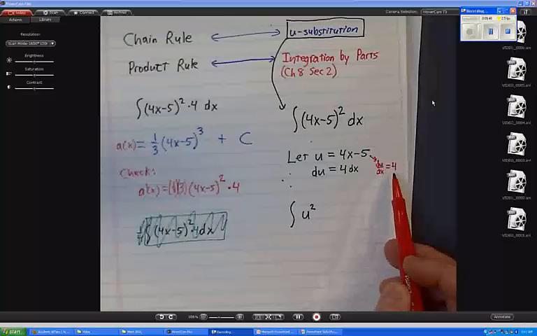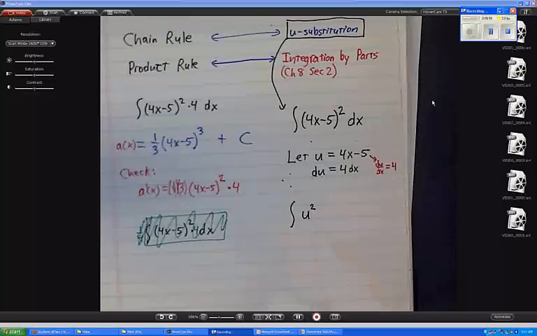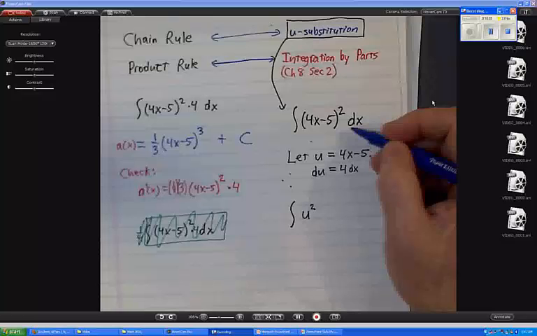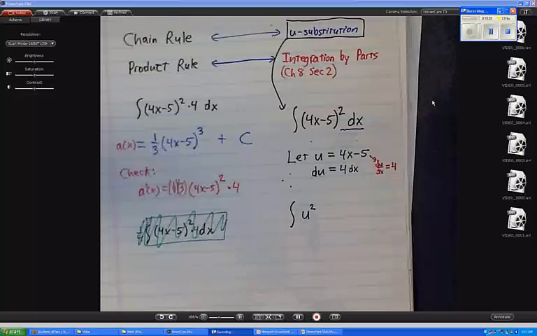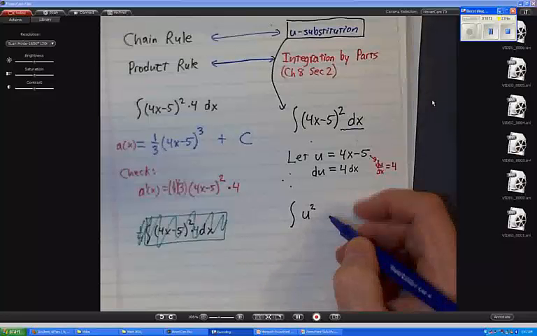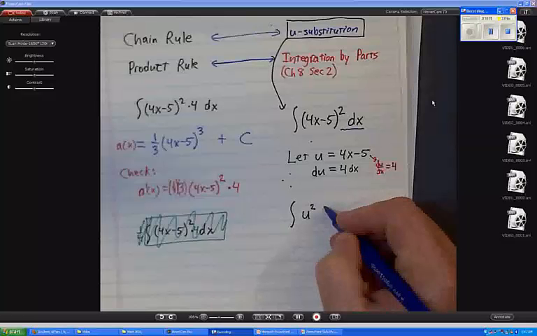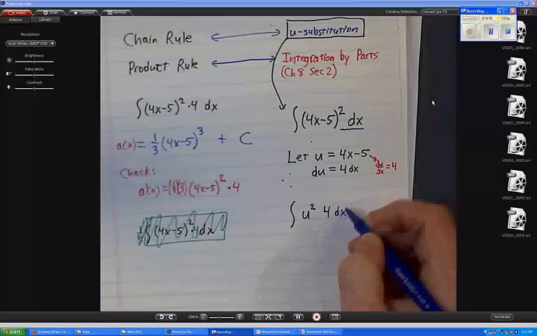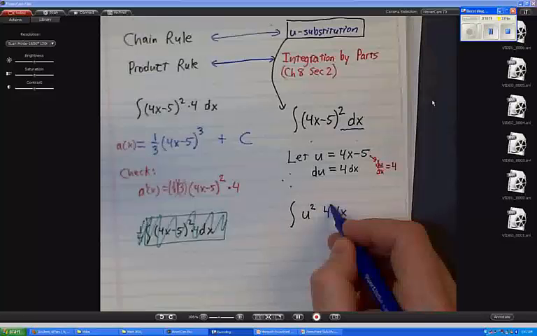Now, what does that mean? Well, it means I don't have du yet, do I? I'm missing the 4 that I need. So I guess what I do is I say, okay, I'm going to multiply by 4, but if I multiply by 4, I also have to multiply by what? 1/4.